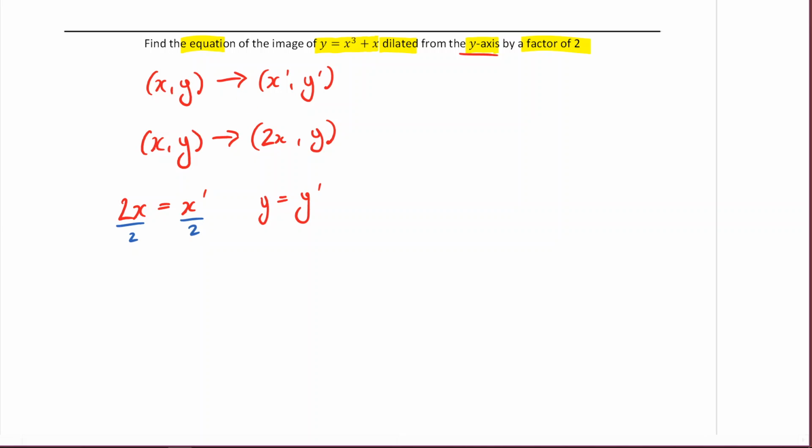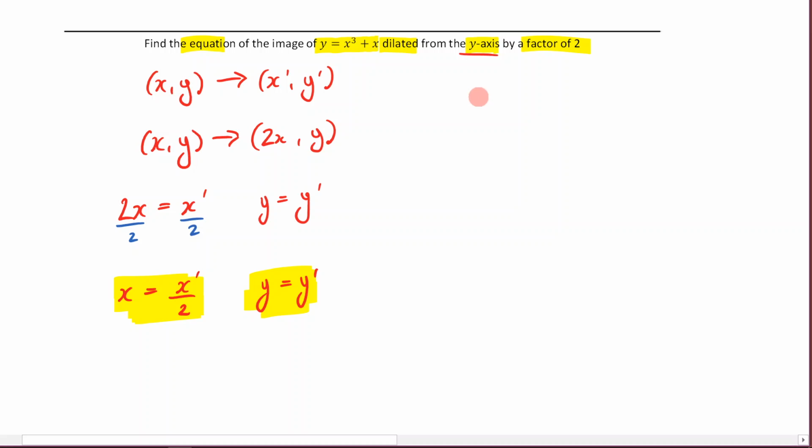So that means what I'm going to end up with is x is equal to x dash over 2, and here it's already done for me. Remember, these equations here are very important because it's what we're going to be substituting into our original equation that we've been given. And now, into my y spot, I'm going to put y dash.